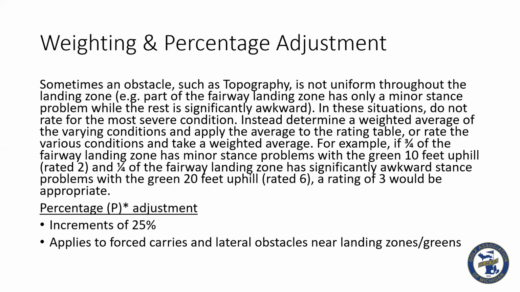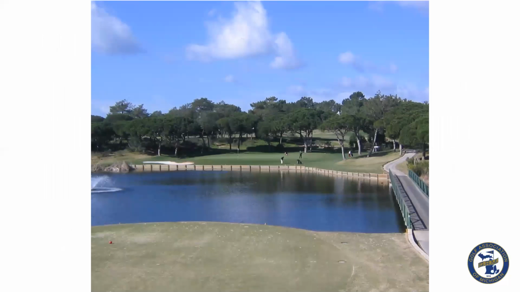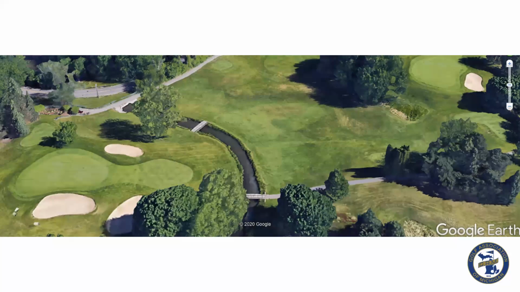I have one example that is very easy for me to understand. We have a carry here, a crossing, whatever we want to call it, and here we go from the tee all the way to the green, with water pretty much the entire way. And with this one, we have the same exact numbers, let's say 100. The crossing has the same number because the water is at this point and our tee is back here, so it's still 100 yards.